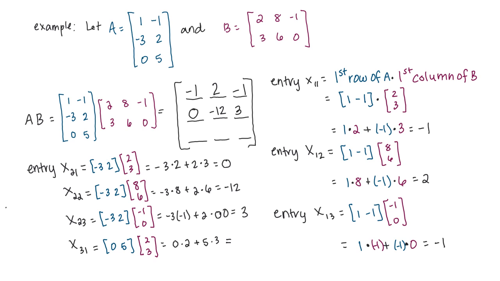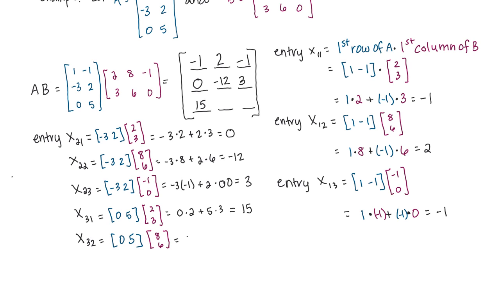Our x31 position, third row of A, first column of B, is 15. Our x32 position is going to be our third row of A, second column of B. That results in 30. And finally, the very last position, x33, third row of A, third column of B.